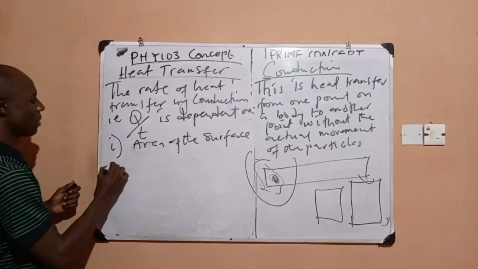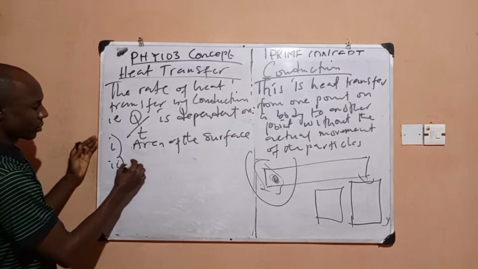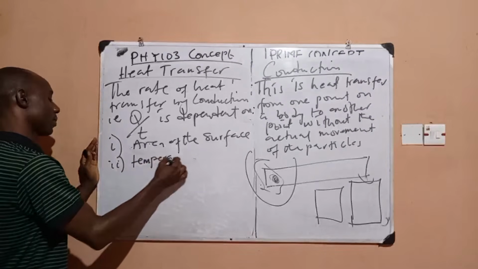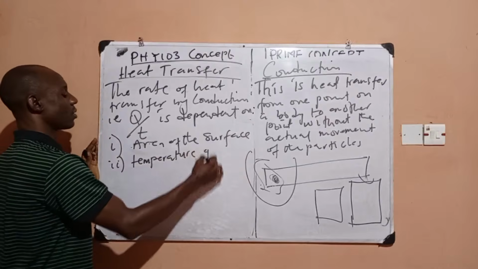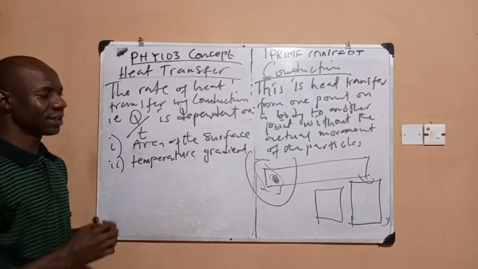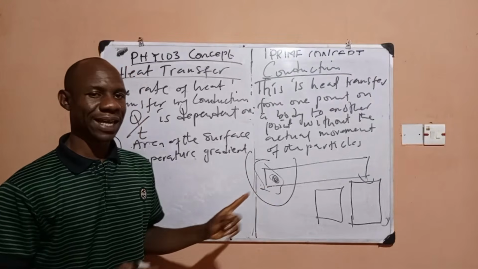So number two is that it is dependent on temperature gradient. When you say temperature gradient, it's dependent on the difference in temperature between those bodies and the distance.